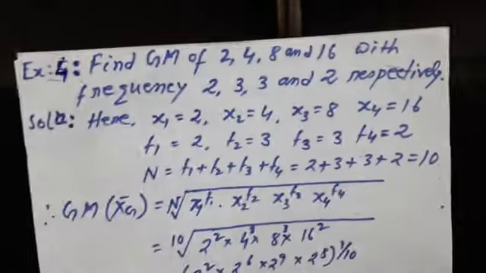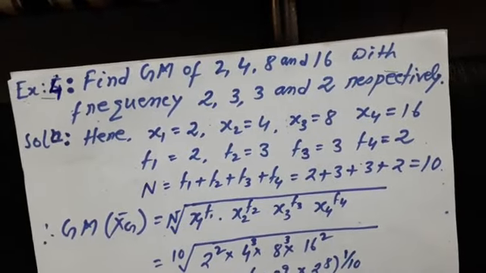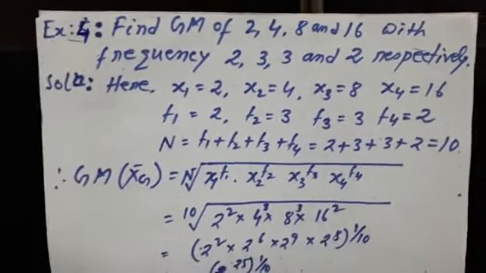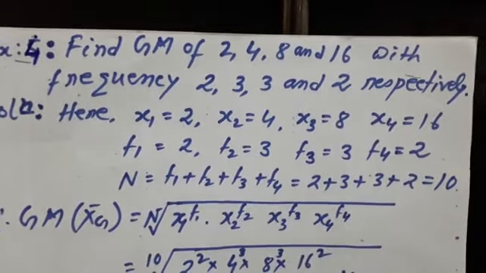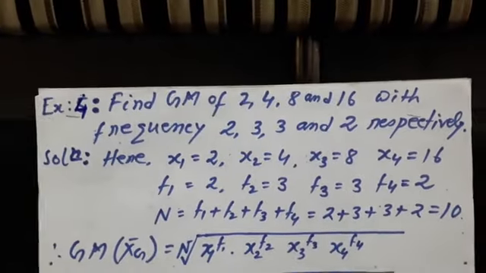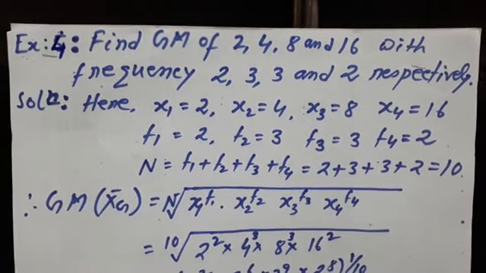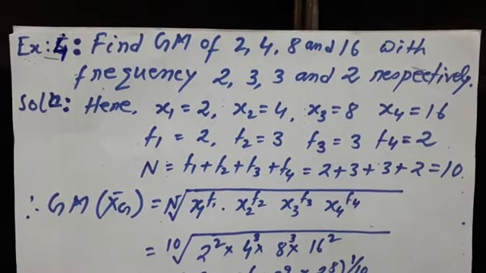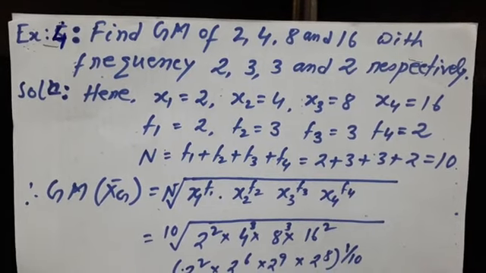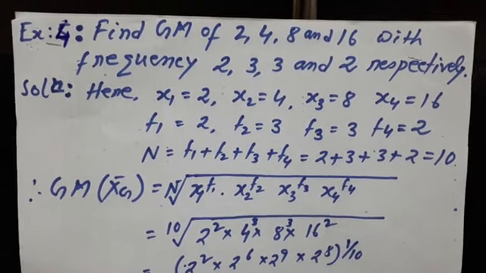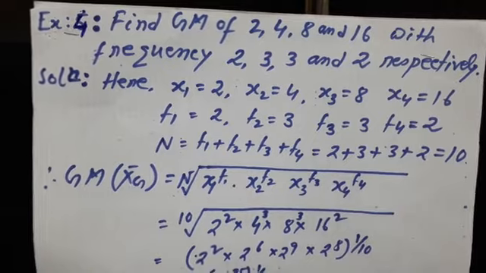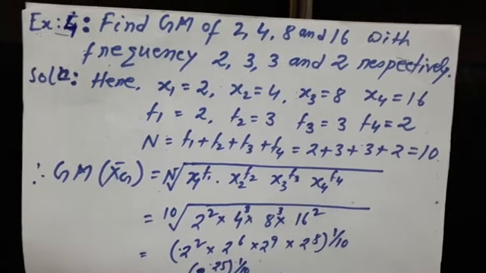Now this is the problem. Find the GM of 2, 4, 8, 16 with frequencies 2, 3, 3, 2 respectively.